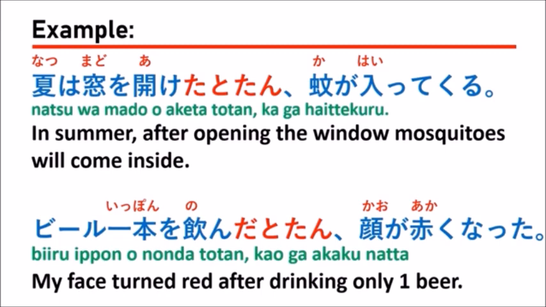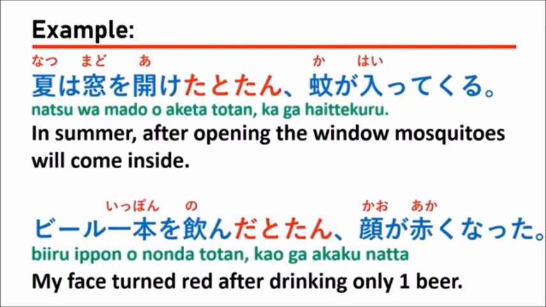This is a true situation for anyone who likes drinking. Maybe you just drink a little bit, just start to drink some beer or alcohol, and very soon after that your face turns red. So in a situation like this, we can use Totan.